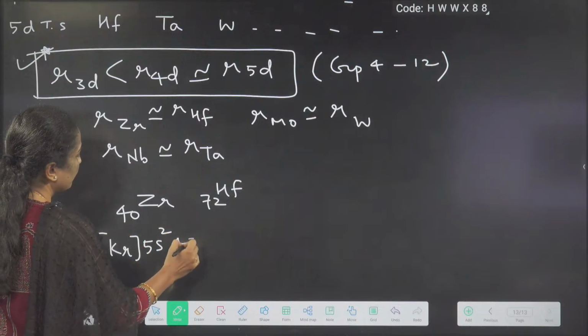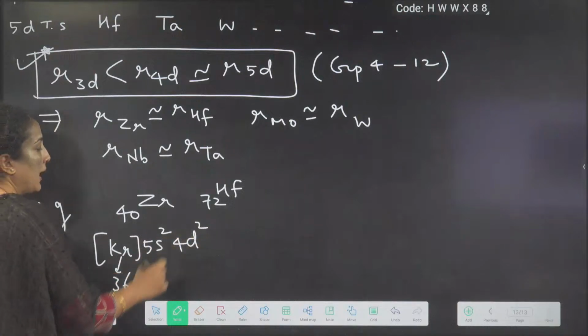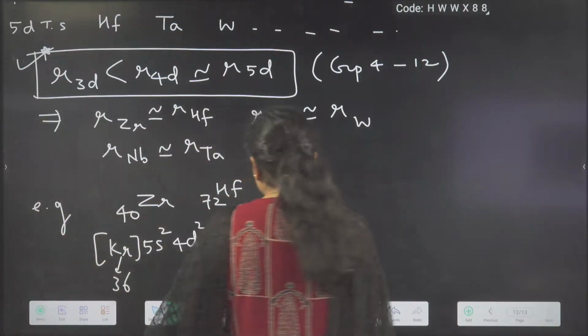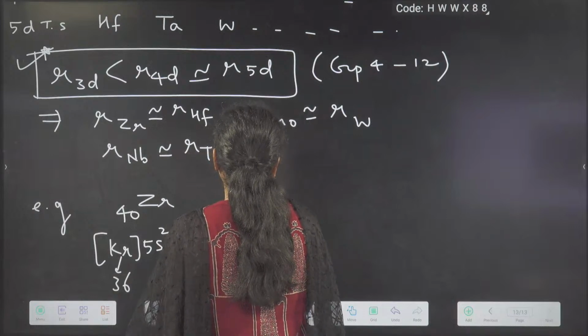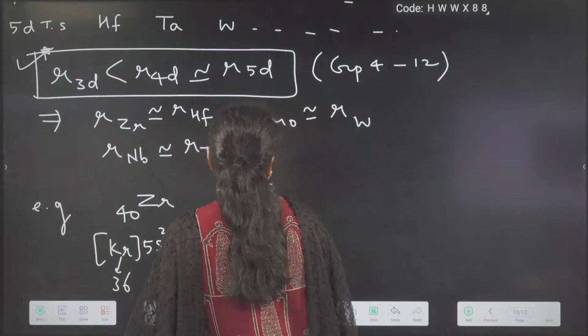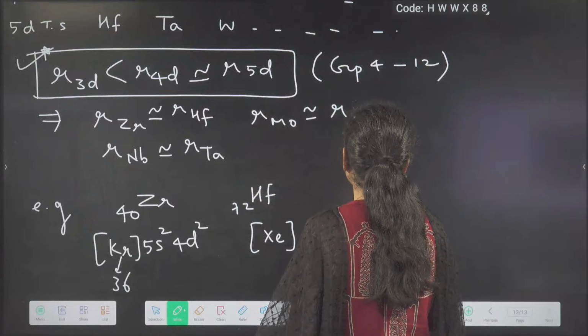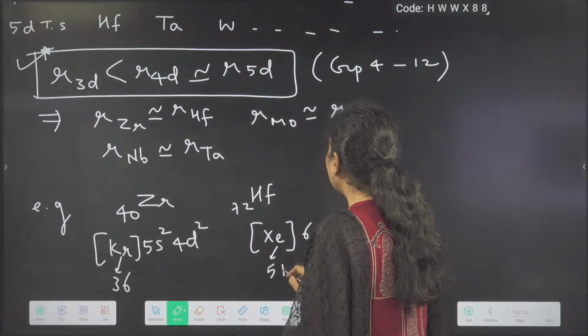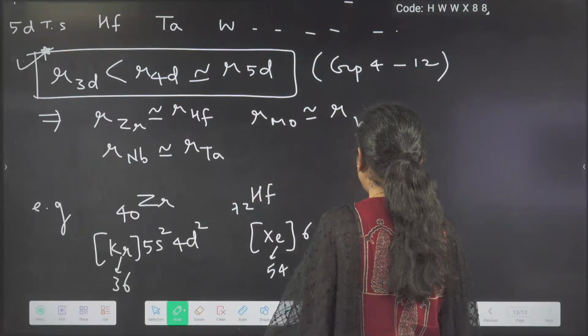So 5s2 and after that 4d. For hafnium, when I'll be writing xenon, then 6s, 4f, 5d. So 54 here, 56, 14 here, 70, and I'll be having 72.